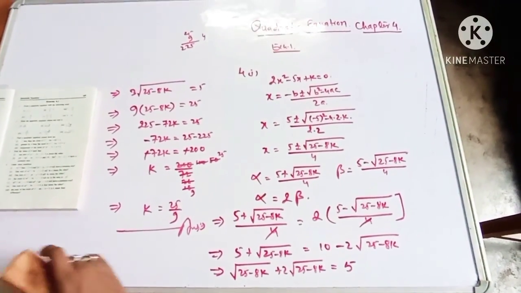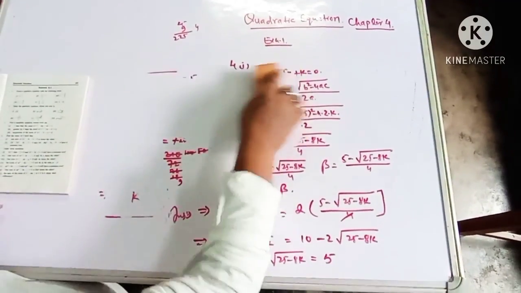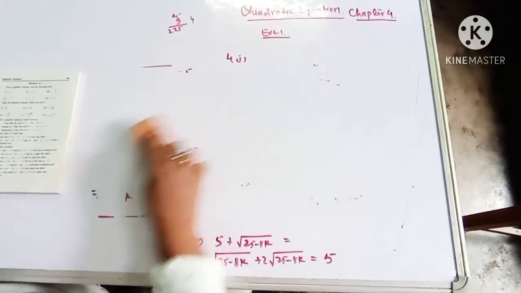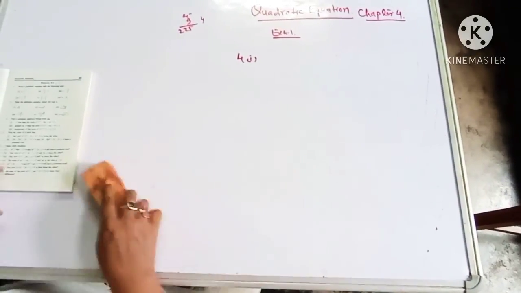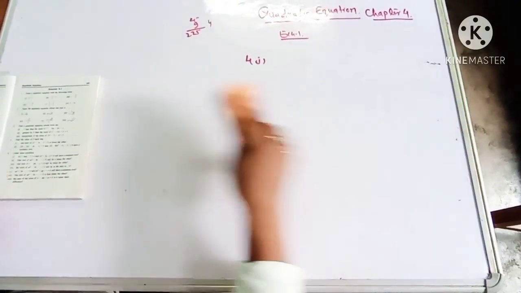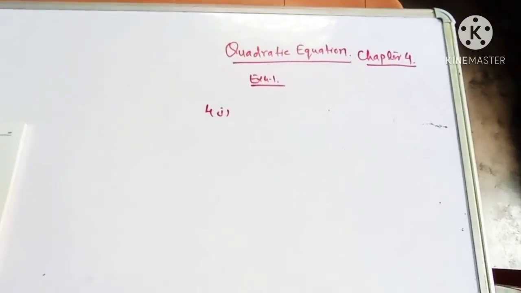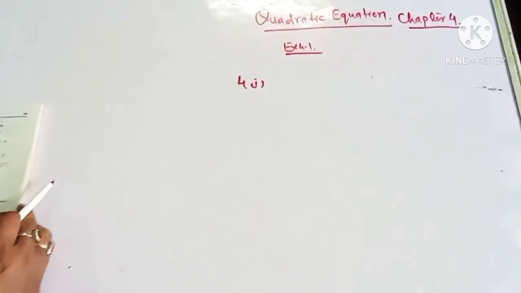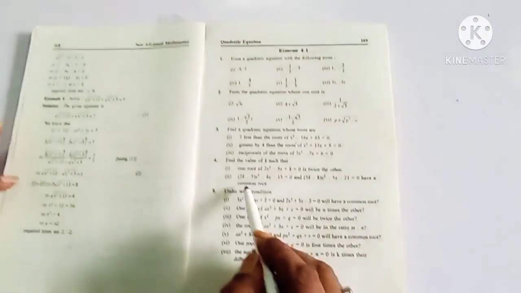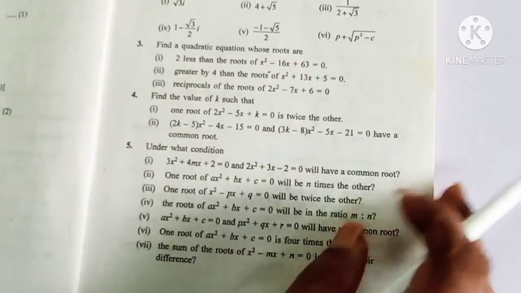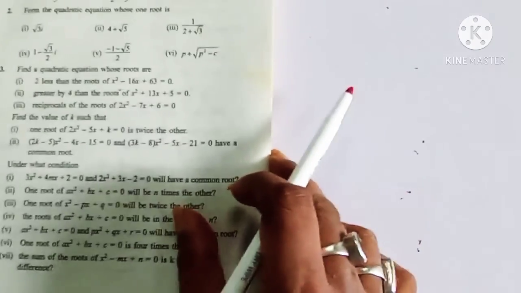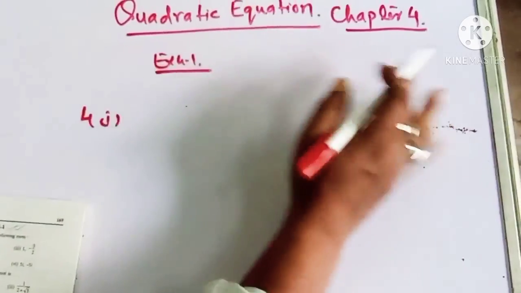Now the second question, question number 4, second question. You will see this. It states that the equations have a common root. To solve such types of questions, there is a method given in your book.